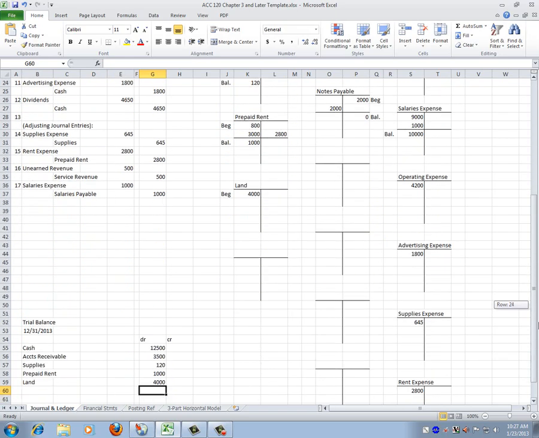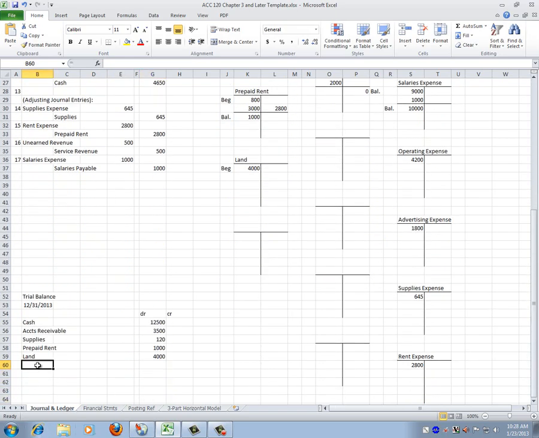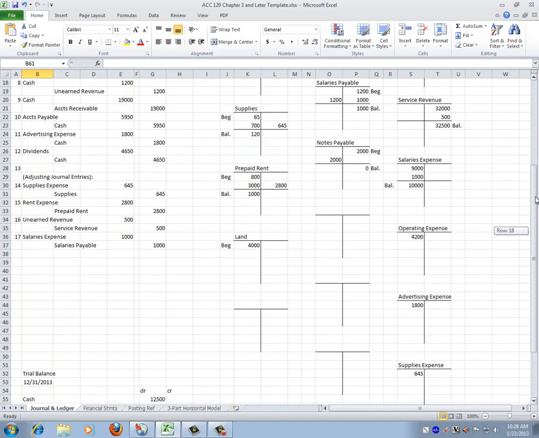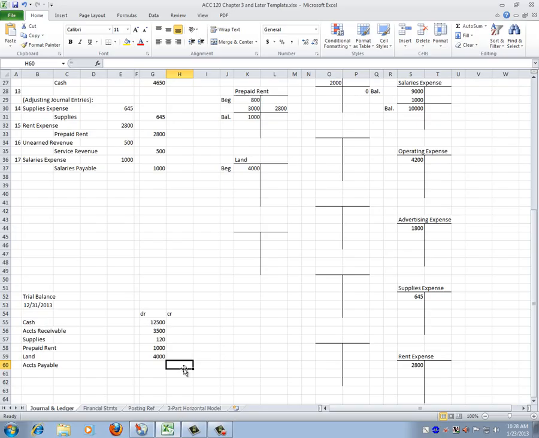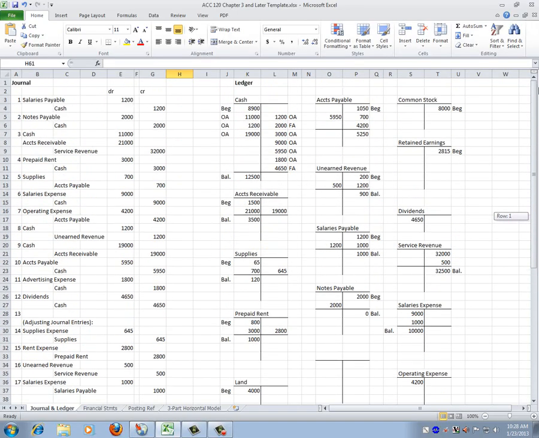Moving next to our liabilities for best form, accounts payable of right side as expected 5250. That's its balance, by the way.